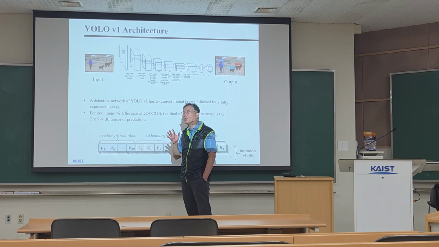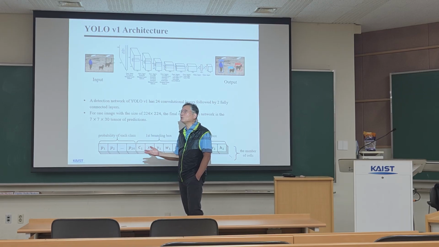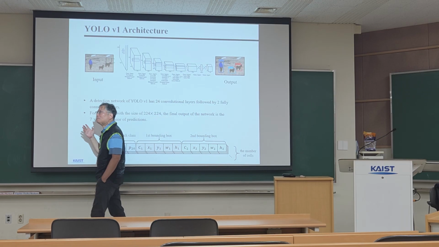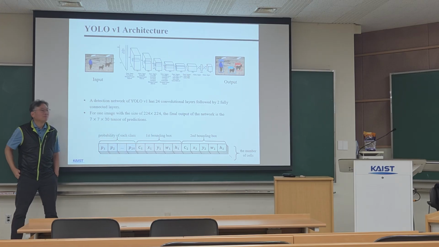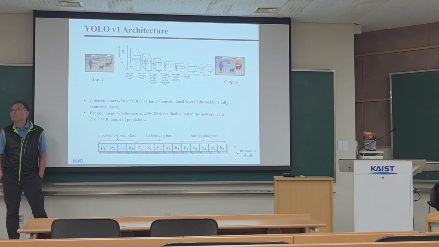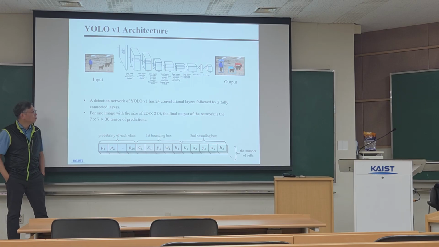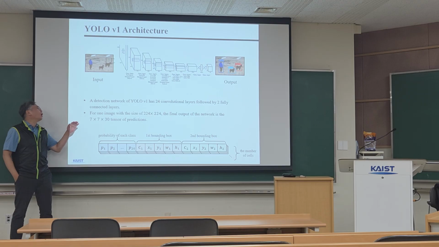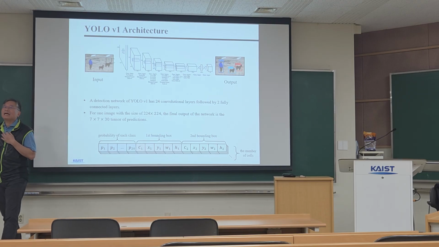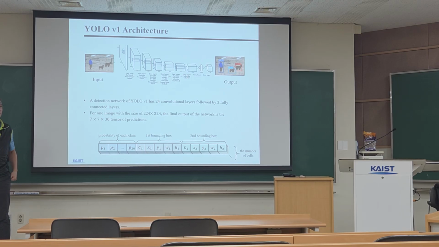Yes, it's going to be the output. Well, why is it this? What is 7 by 7 supposed to mean? I've given you a hint. There are 30 filters.